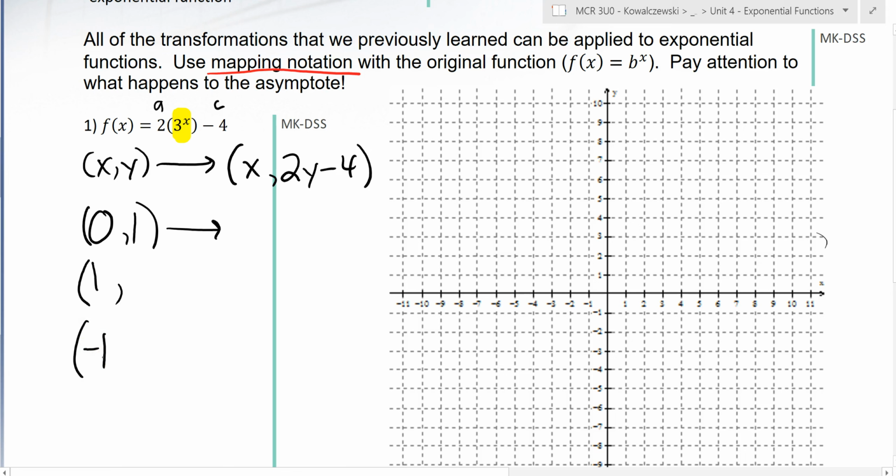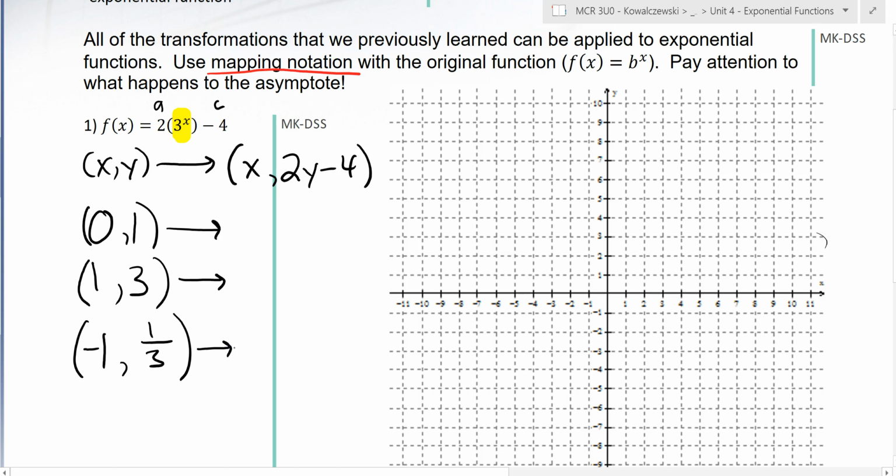These are points that we're going to draw. Now, just think about it. Our base is 3. We're saying x is 1. So 3 to the power of 1 is 3. If x is negative 1, we're saying 3 to the power of negative 1, which is 1 over 3. Now notice how I'm using a fraction here and not any decimals. So those are 2 more points that we can use.